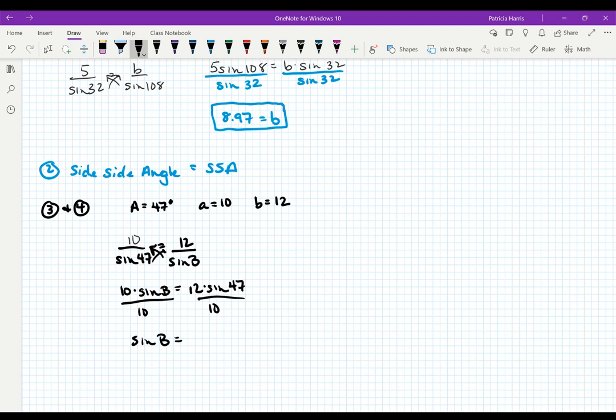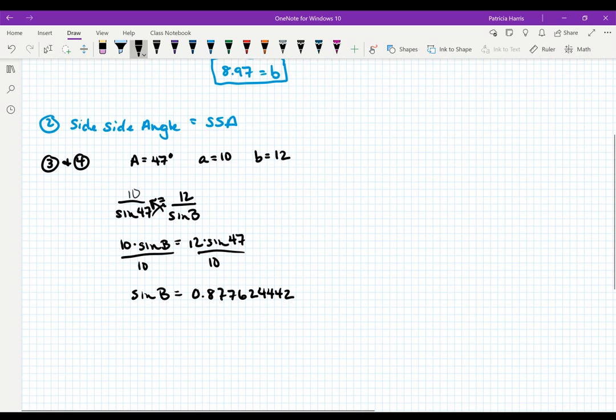So typing that into my calculator, making sure it's in degree mode, that's the number my calculator spit out. Your calculator might not spit out that. Okay. So now we have to take the sine inverse of both sides.